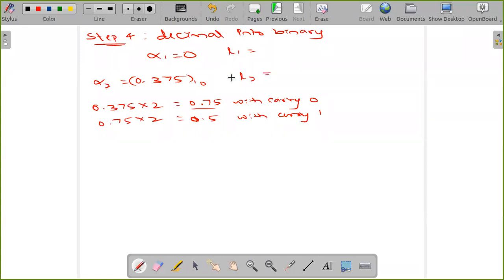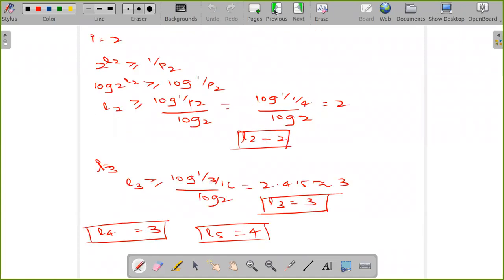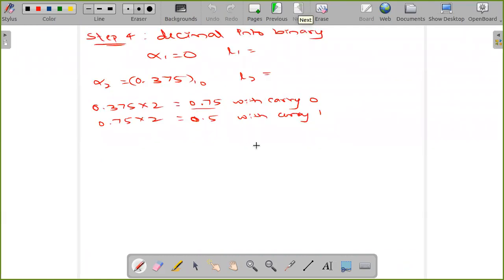I have already found the L2 value, so I'll go with that. L2 is 2. It is enough if I get 2 values, because L2 equals 2. I want only 2 bits. So if I want to write it, it has to be written in this direction.